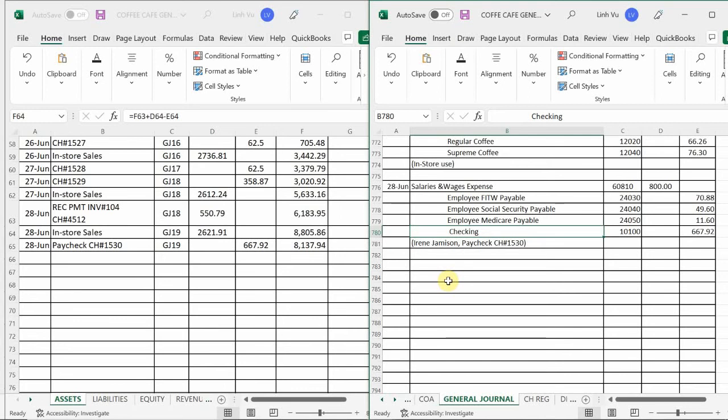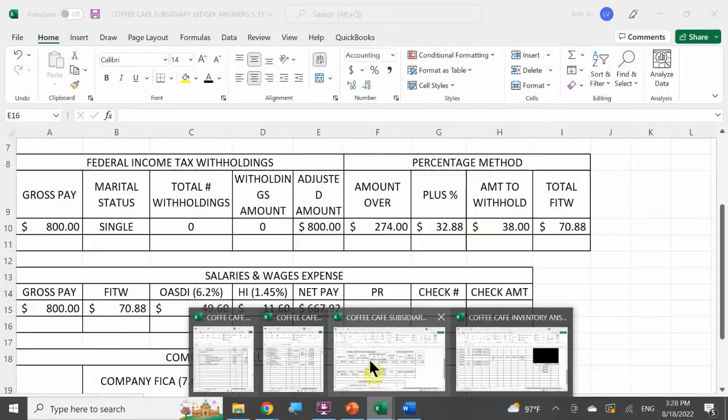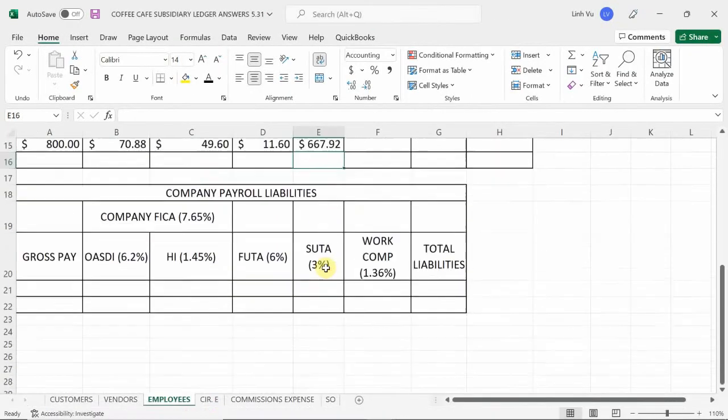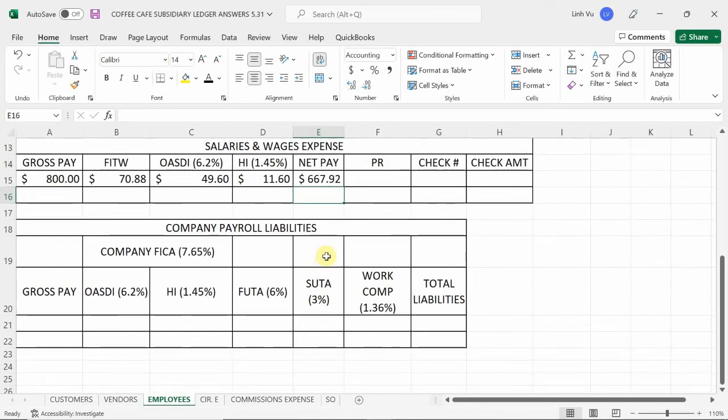There's definitely a lot more going on there. But in this case, as a company's responsibility, we are responsible for paying into Irene. So with that being said, let's go ahead and calculate that. Down below, I've already set it up right here for you to calculate the company's responsibility for having Irene as an employee.